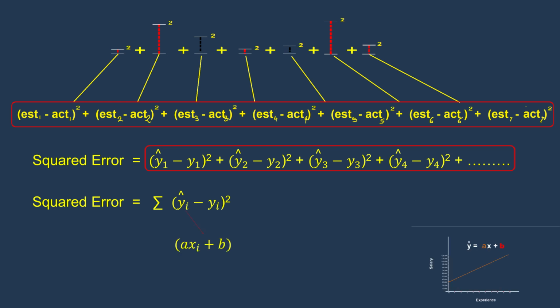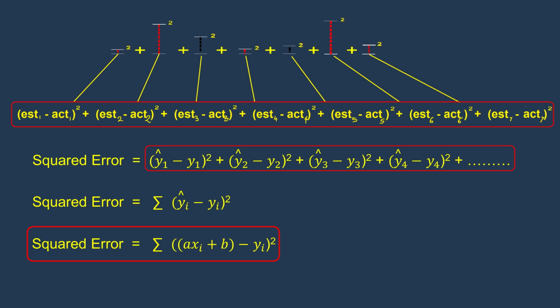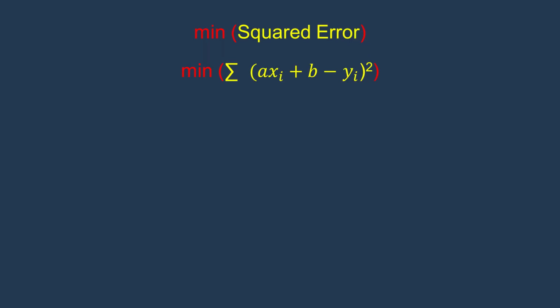But we know estimated salary at i can be written as a x_i plus b. So I'll rewrite my squared error as summation of (a x_i plus b minus y_i) whole square. So now I want this whole thing to be as less as possible. In other words, I want my squared error to be minimum.